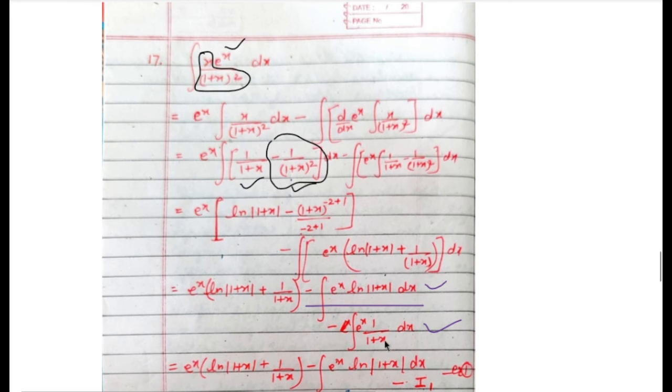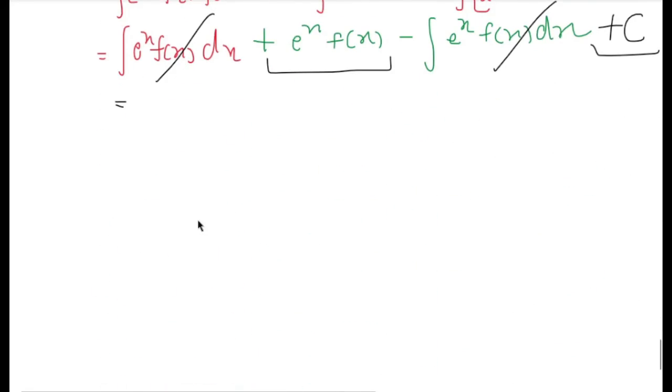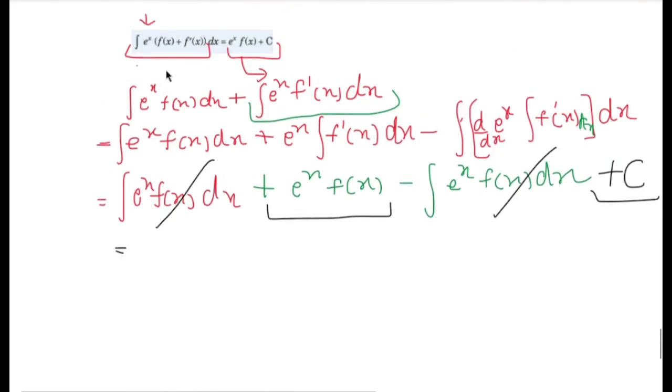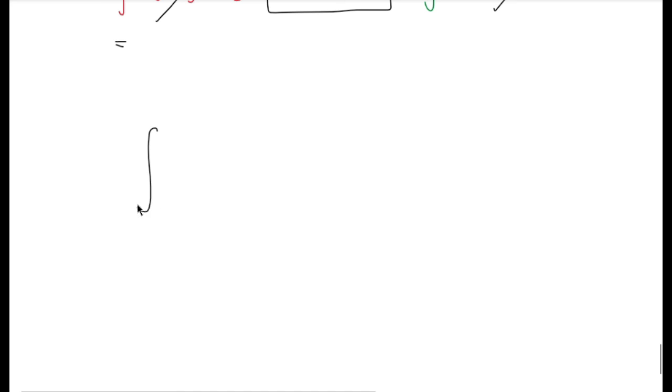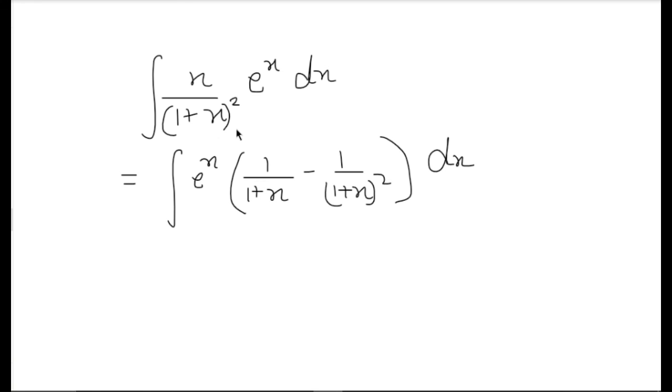So when you have this quotient, you can use this concept, and please add this to your concept map. So your quotient was this, and it can be reduced into this equivalent form, where this is f(x) and this is f prime(x), so we can say this is f(x) plus f prime(x).